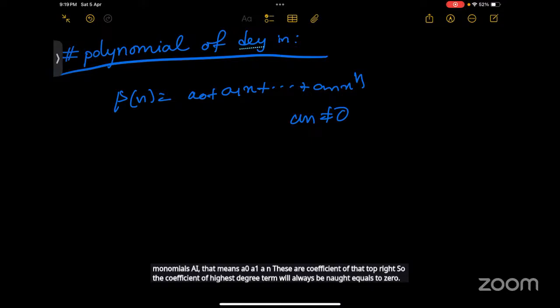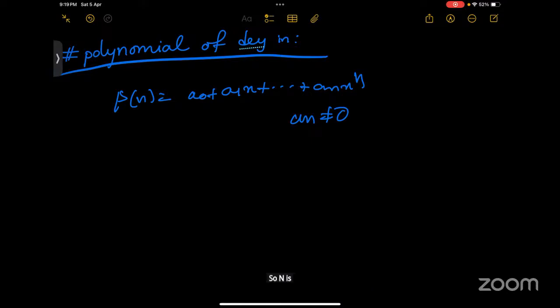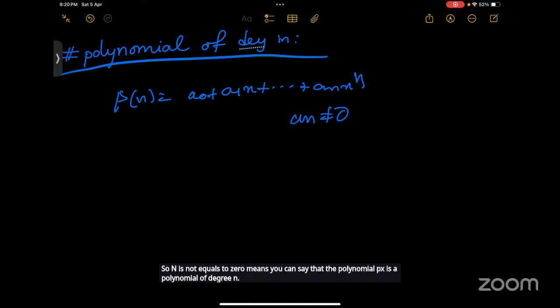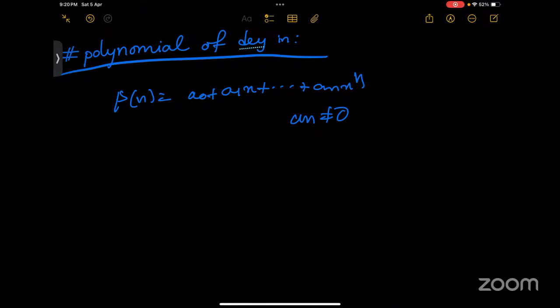So an not equal to 0 means we can say that the polynomial p(x) is a polynomial of degree n. Now for a polynomial of degree n, we can have at most n roots. That we know, right?